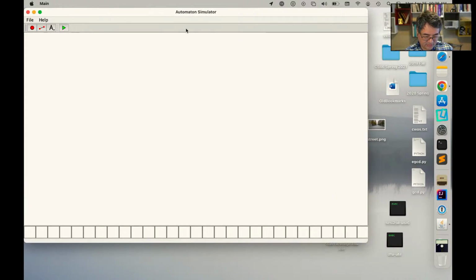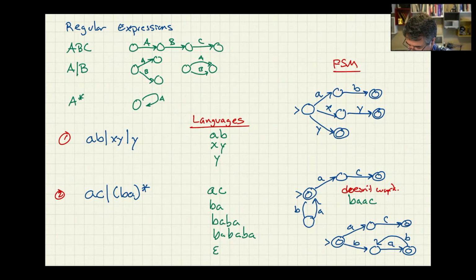Okay, so this is an automaton or finite state machine simulator. I can put in states, and I'm going to put in one of the ones we drew early on, maybe this one down here.